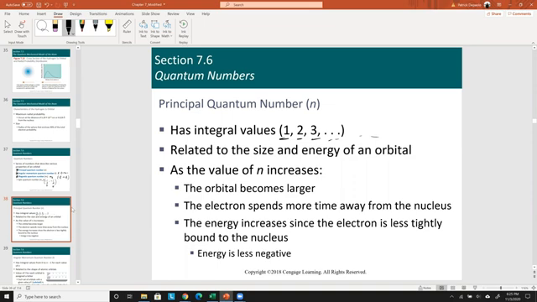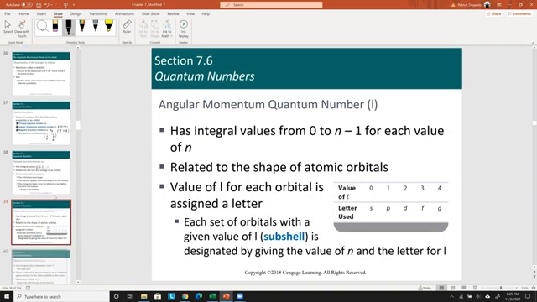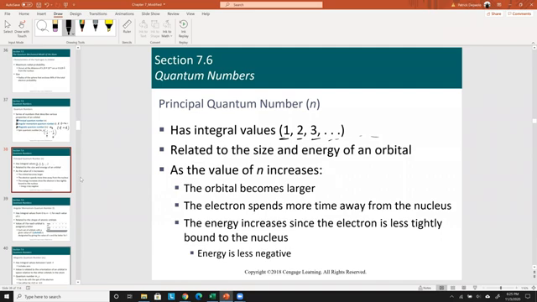And elements that use energy level 3 compared to energy level 2 for their valence electrons are going to be bigger. And as you increase the energy levels, the electrons become less tightly bound to the nucleus. Because what happens is what we call electron shielding.